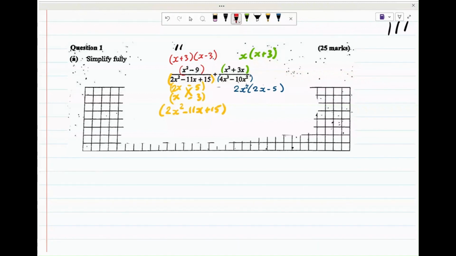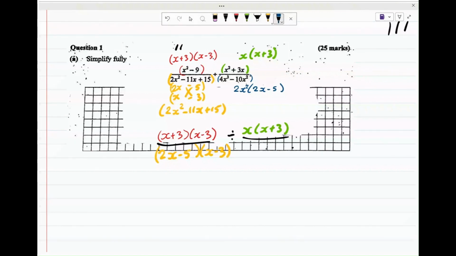So rewriting all this, those two fractions are actually the same as x plus 3 times x minus 3 over 2x minus 5 times x minus 3, divided by x times x plus 3 over 2x squared times 2x minus 5.